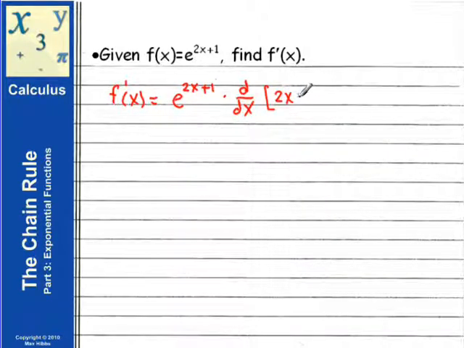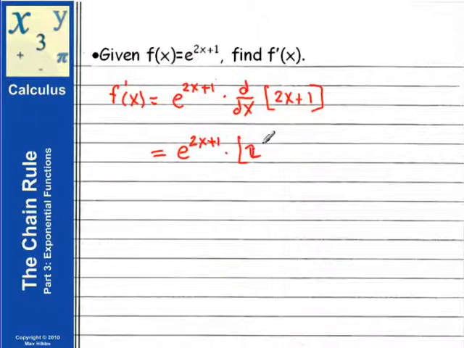Now, I know we could have done that in our head, but I want us to get used to this idea, follow up with a derivative. And of course here, the derivative of 2x plus 1 is just 2, so we'd say, okay, e to the power 2x plus 1 times the resulting derivative, which is 2.